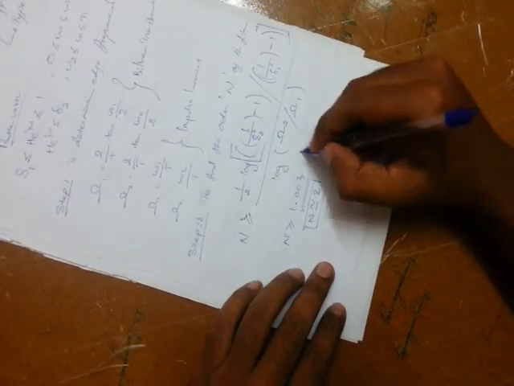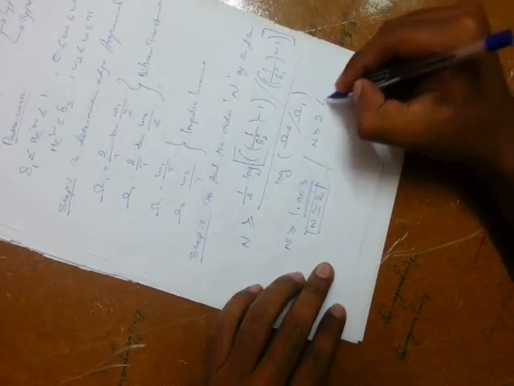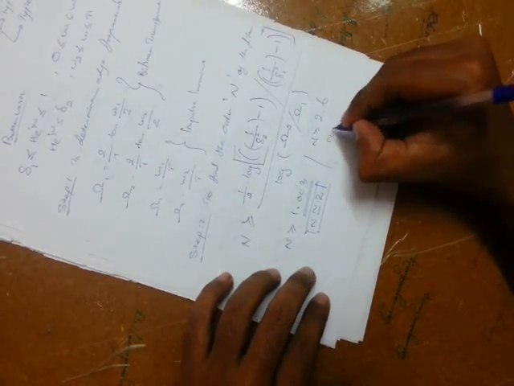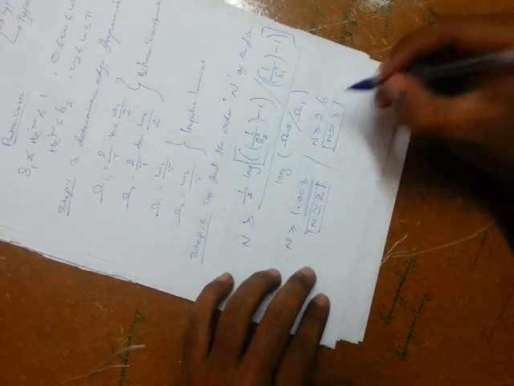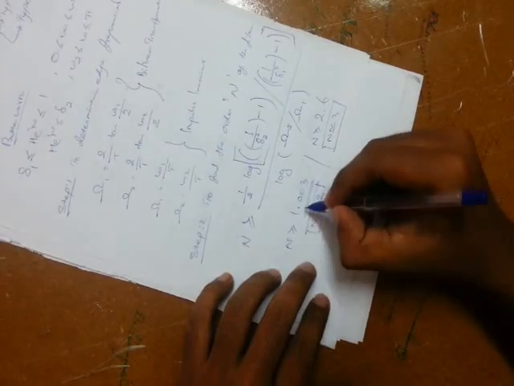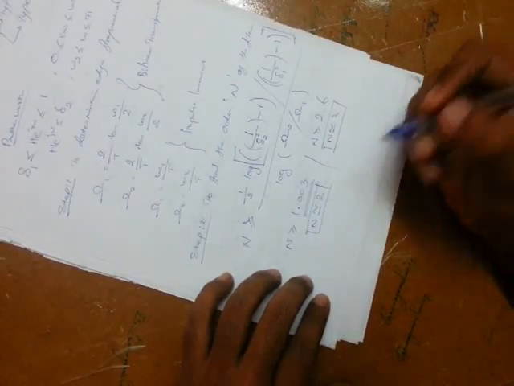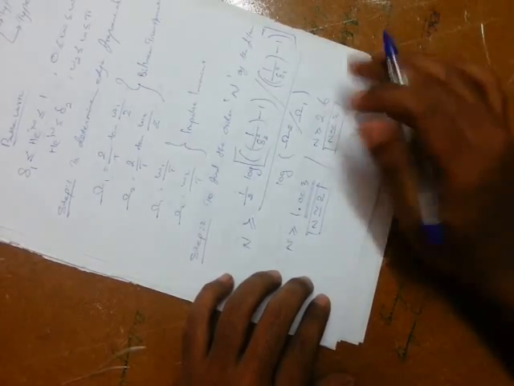Sometimes we may get the value for n as greater than or equal to 2.6, something like that. So in such a case, we can approximate it to 3. So whatever the value for n, even if there is a 0.001 variation, then you can approximate to the next available value.